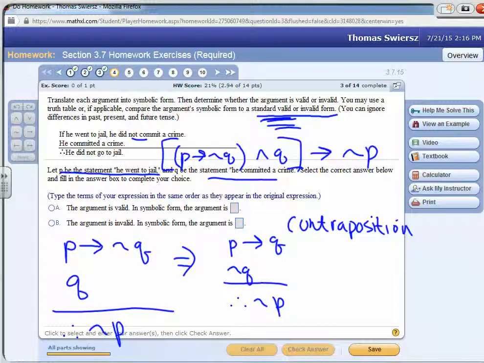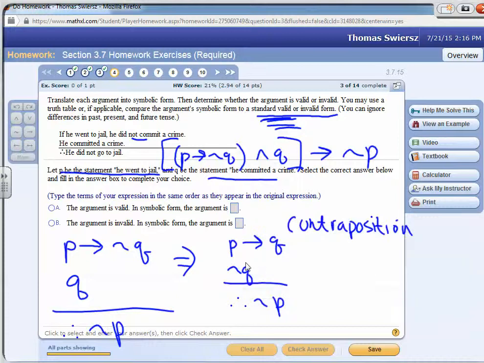We'd have to put in that statement. That would indeed give us a tautology. Okay, so we'll go ahead and put that in: P implies not Q, and Q implies not P.